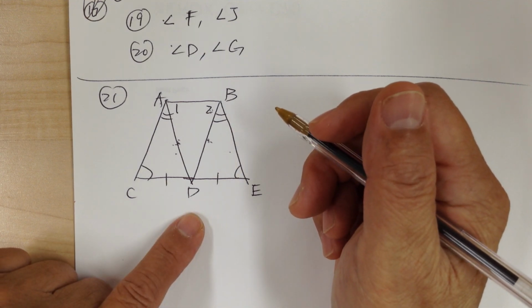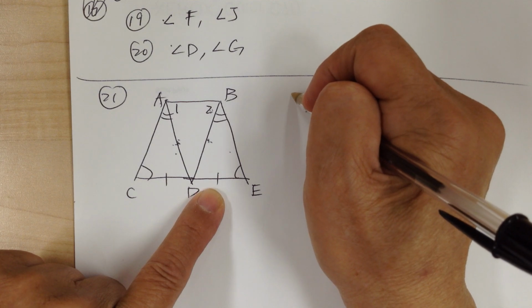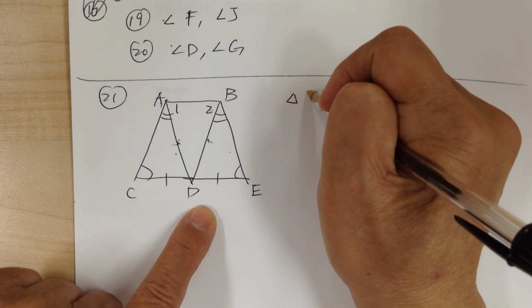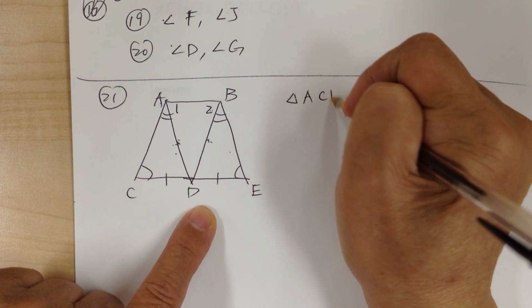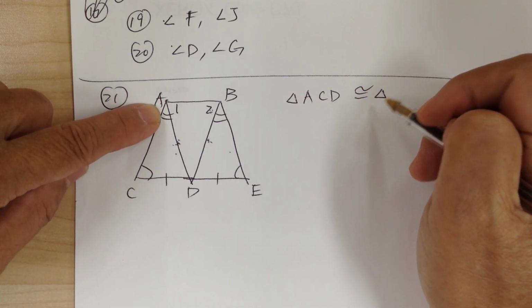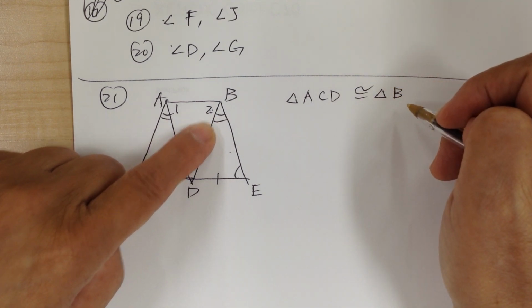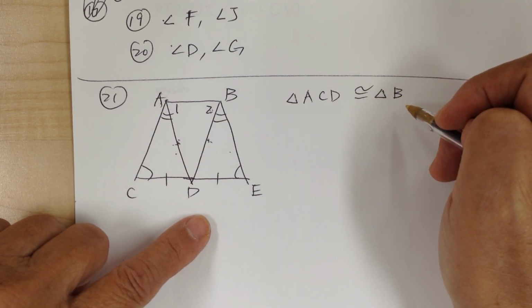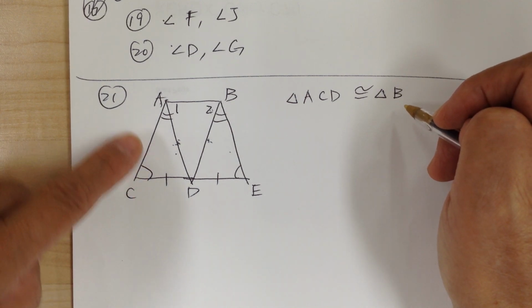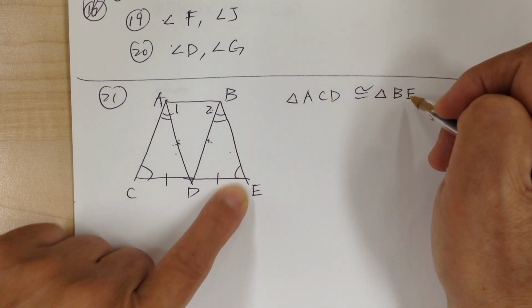So what we have right now is triangle ACD congruent to triangle. A is the one with two arcs, so B. And angle C is the one with one arc, so it matches with E. So you have to match up very carefully.